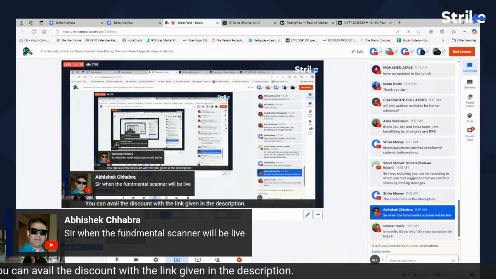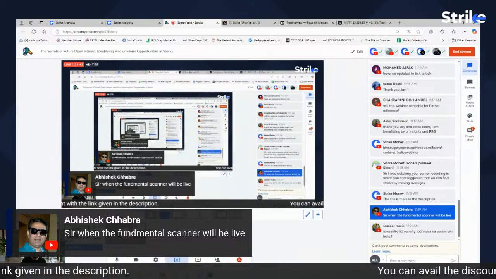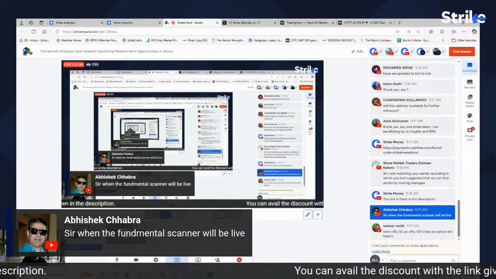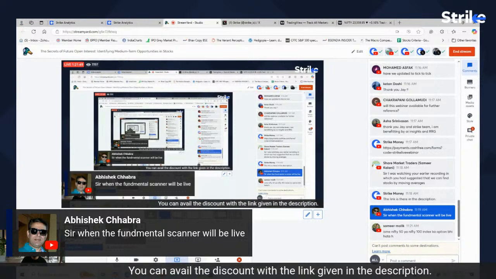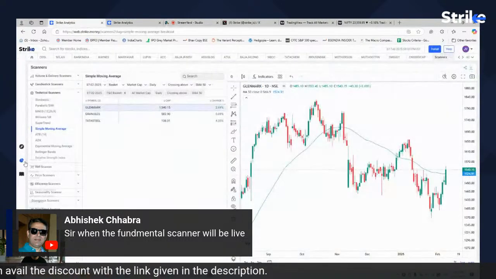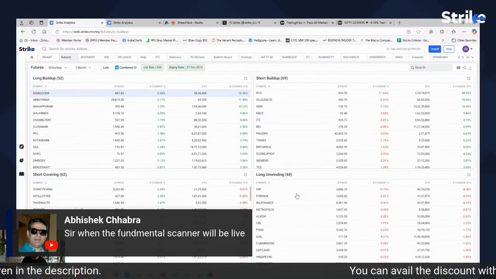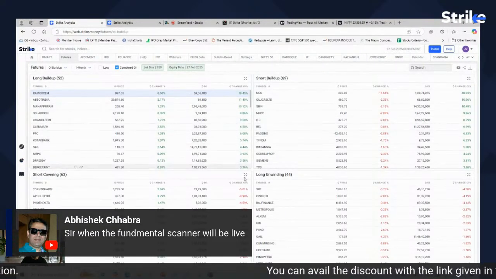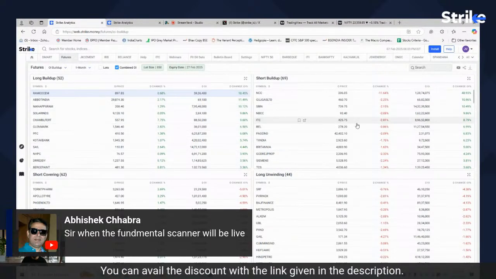Abhishek, on fundamental scanners, I think we have mentioned it in our previous webinars as well. The first priority is to get the entire system down to 1 minute. In fact, if you notice, the futures module is already live with 1 minute, so whatever price action you see changing in futures is 1 minute delayed.